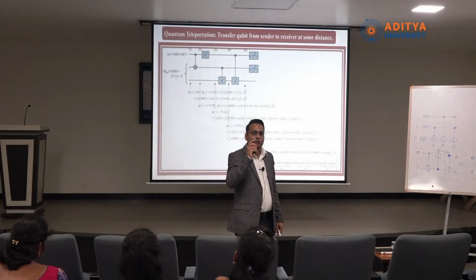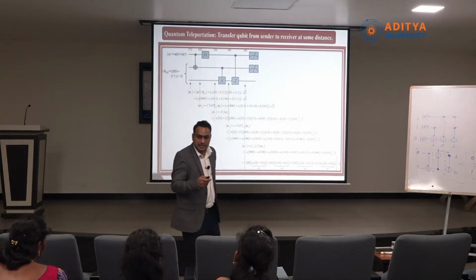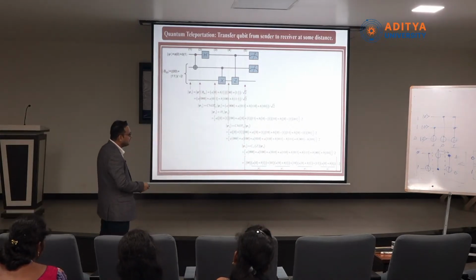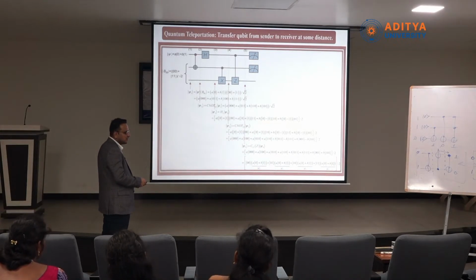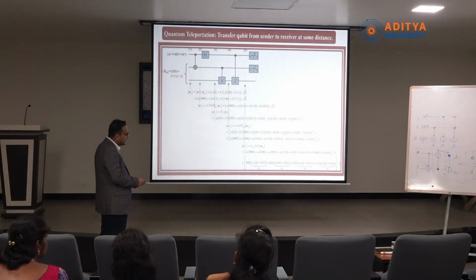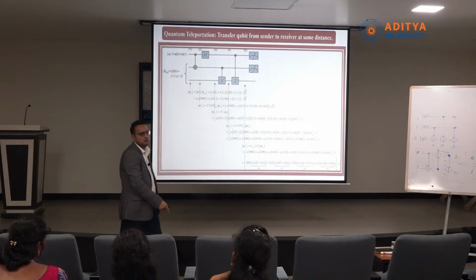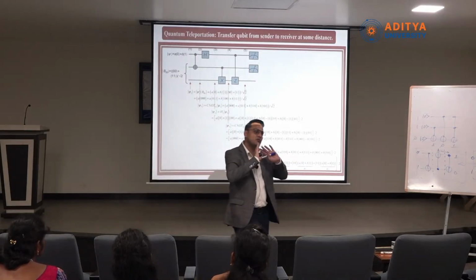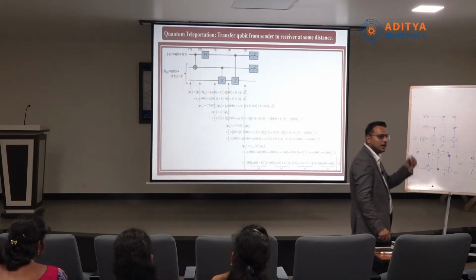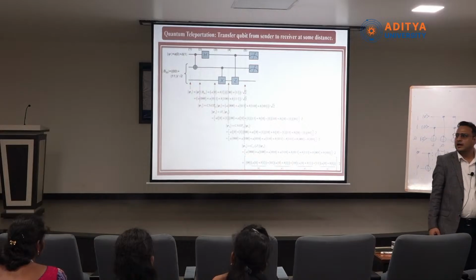So with 1 by 4 probability, there is a significant outcome that has reached the physical receiver side, that either of these states can lead you to measure the result as what? That is the quantum state that I wanted to teleport. From any angle you look, the information has reached. Understood or not? Yes or no?